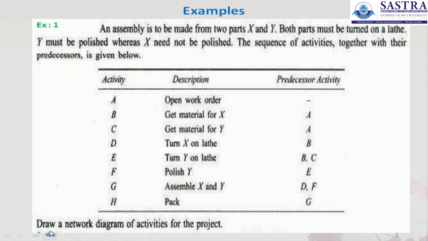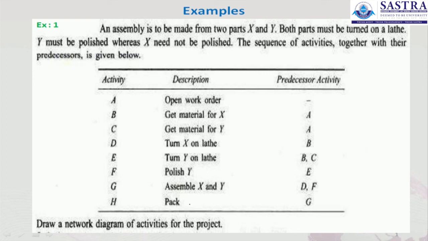So there are activities and there are descriptions also, because they have already given them, and the predecessor activity will be there. For activities A, B, C, D, E, F, G, H, the description for A is open work order, and description B, get material for X. If the description has not been given, we have to make it our own for the project.